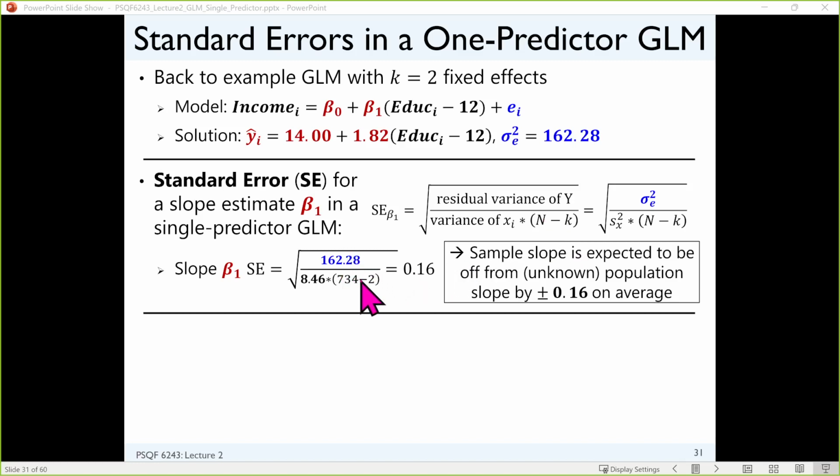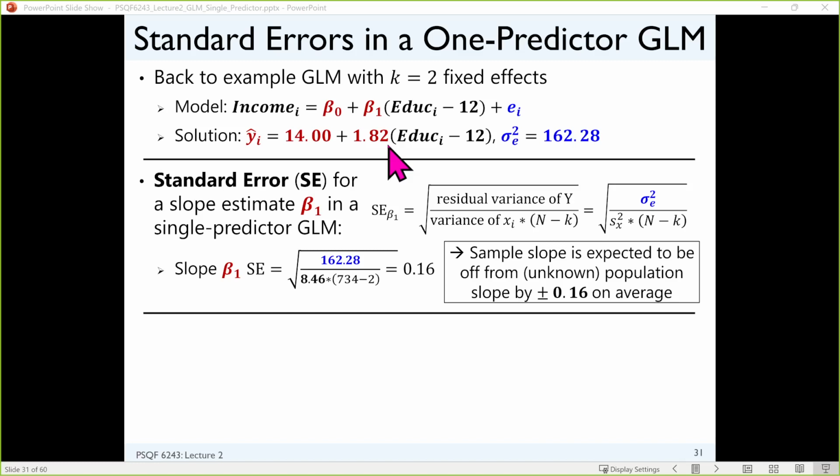So if I plug in the values for this data set, I end up with the slope standard error of 0.16. So that tells me that for this sample, the slope was estimated at 1.82. But on average, any one sample's slope is expected to be off from the true answer by plus or minus 0.16. So that's my margin of error, so to speak.